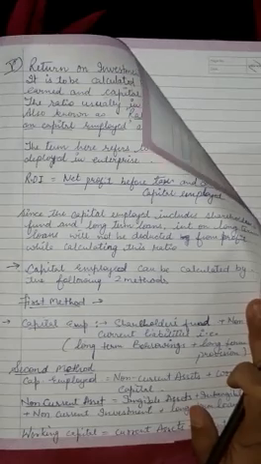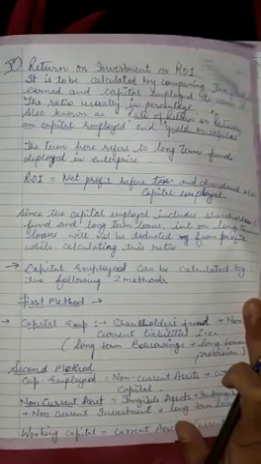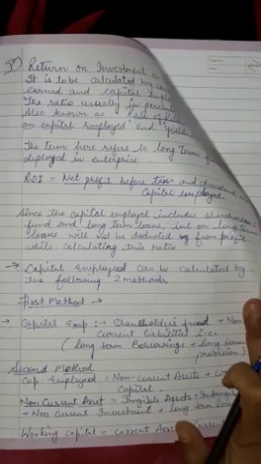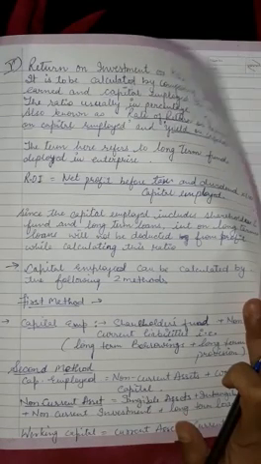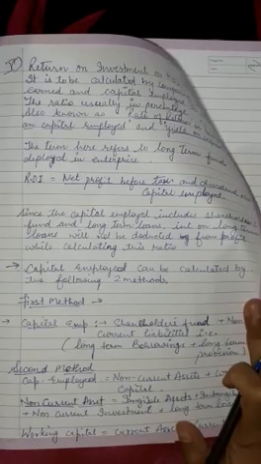So now the return on investment is net profit before tax and dividend. Means for calculating the return on investment, we need the net profit before tax and dividend divided by capital employed into 100.